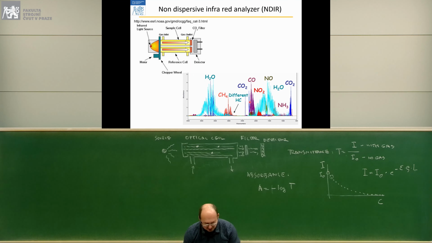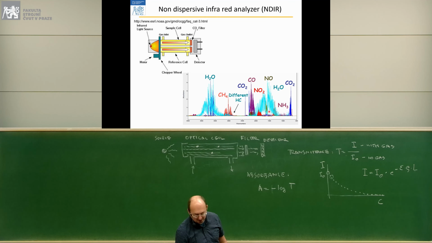You can also measure carbon monoxide and total hydrocarbons. However, each hydrocarbon absorbs differently, so it is an approximate measurement. It is not readily possible to measure nitric oxide or nitrogen dioxide, because nitric oxide and nitrogen dioxide absorb in the regions where you get a lot of absorption from water.